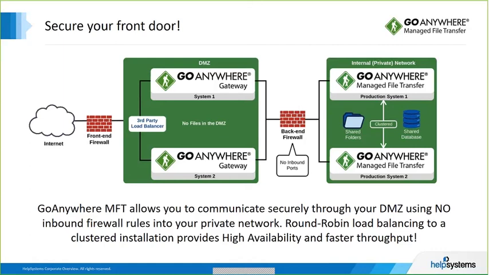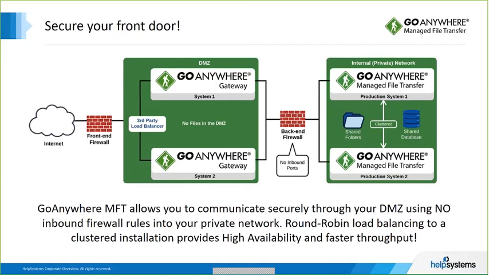There's no user IDs, no passwords, no keys, no certificates, no data. Nothing is stored in the DMZ. Everything remains in the private network. Access is controlled via the private network. Data is in the private network. We allow somebody in to pick something up or drop something off.